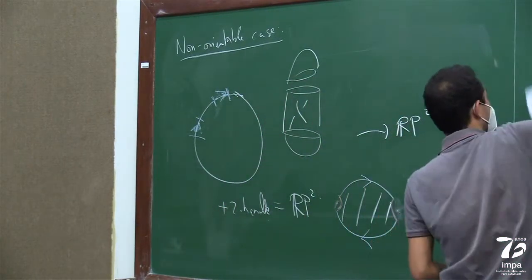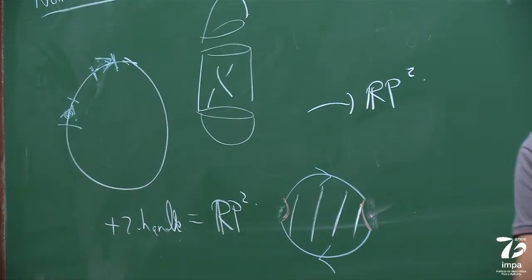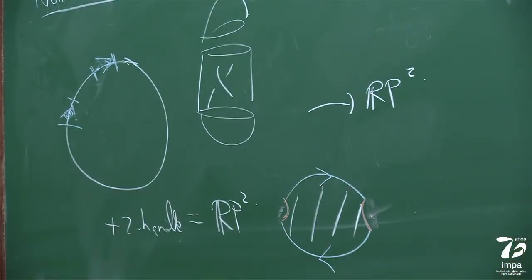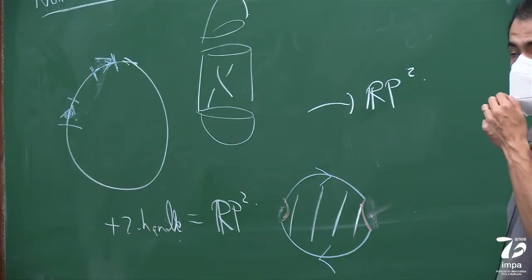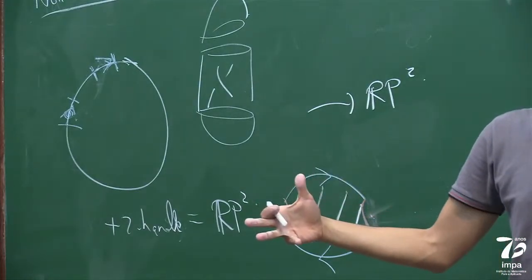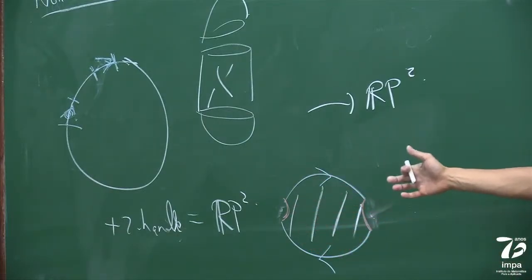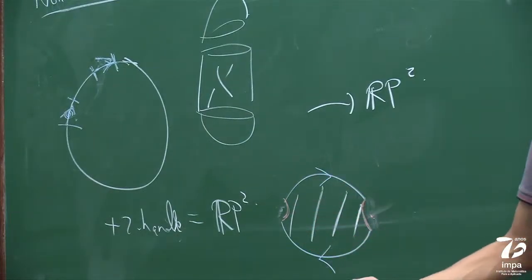But then, of course, you can keep this procedure, and you can keep adding 1 handles. And now, when you think globally, as soon as you have one non-orientable handle, then globally, it doesn't make sense to talk about orientable or non-orientable anymore, because it's already non-orientable.